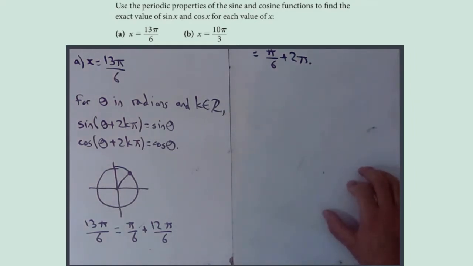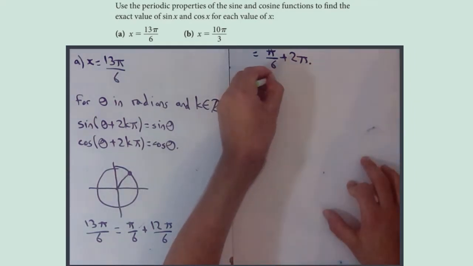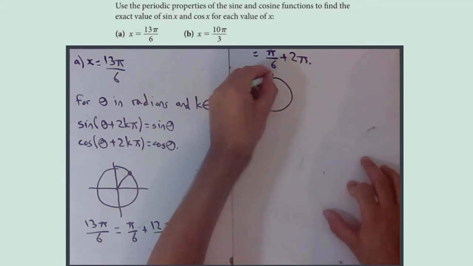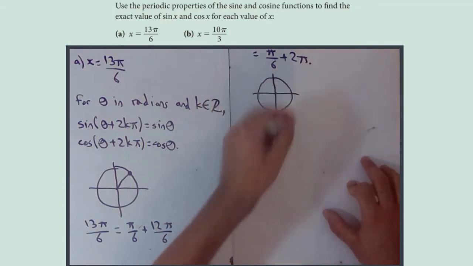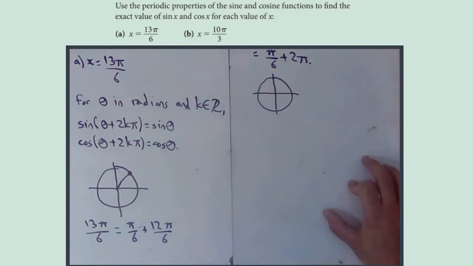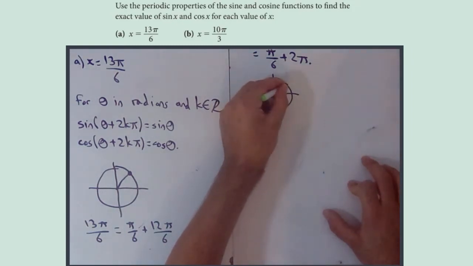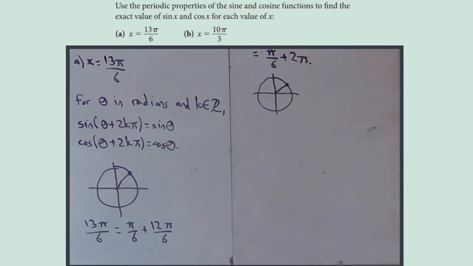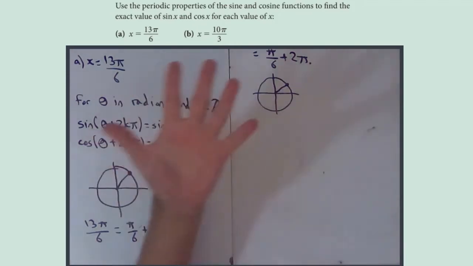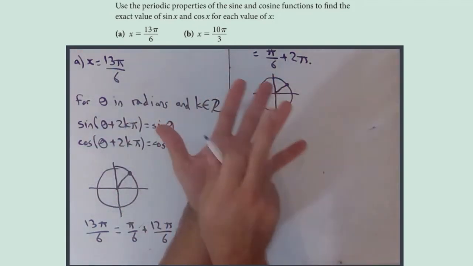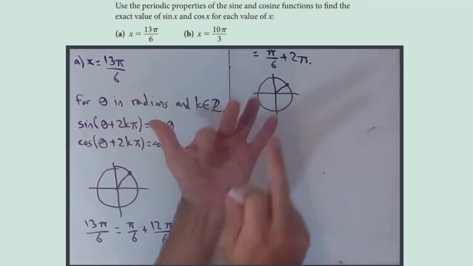So if we can just find pi by 6 on the circle, remember pi is 180, so pi by 6 is 180 divided by 6, which is 30 degrees. Didn't even really need to find it on the circle. You should really know that sine 30 is a half, cos 30 is root 3 over 2, but if you don't, go to the hand. 0, 30, 45, 60, 90. Put the 30 down.